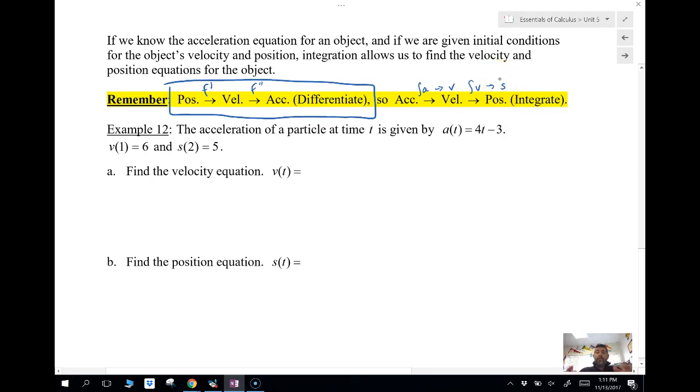So just know where we're starting and where we're going, so you know whether you need to do the derivative or the antiderivative. It's a good idea, if you get to a position, velocity, acceleration problem, to draw this out really quickly, either in your head or on your paper, so you know what you're doing there.